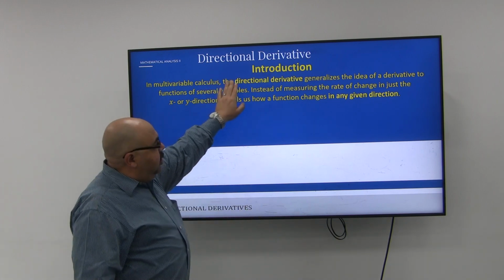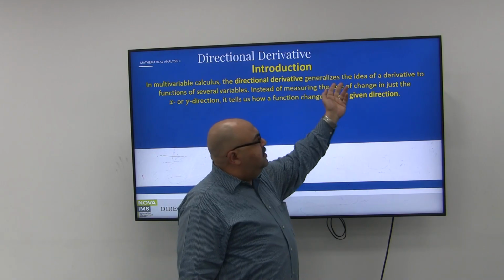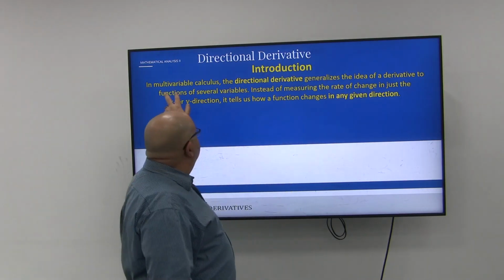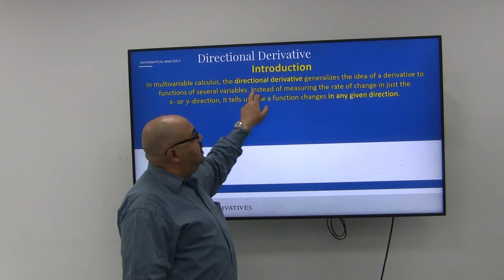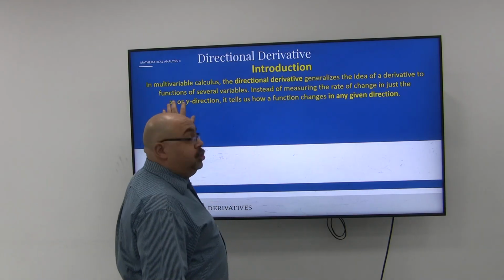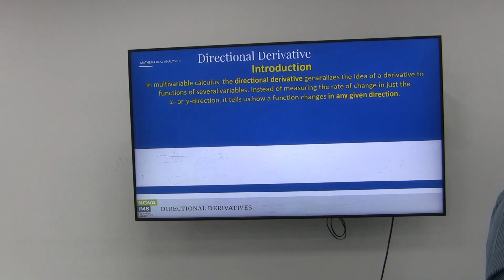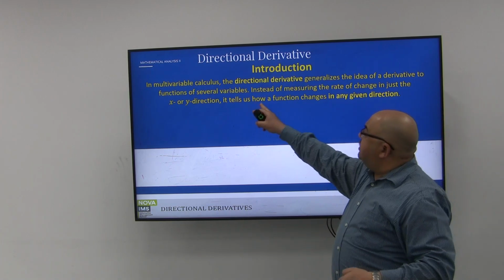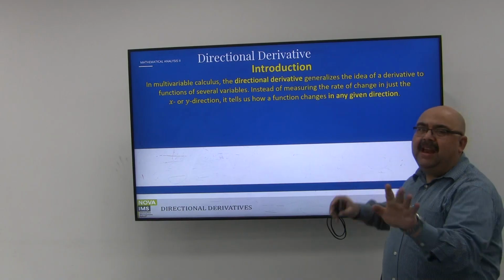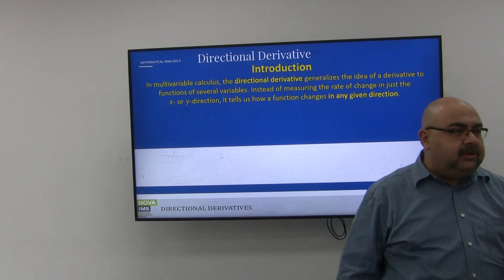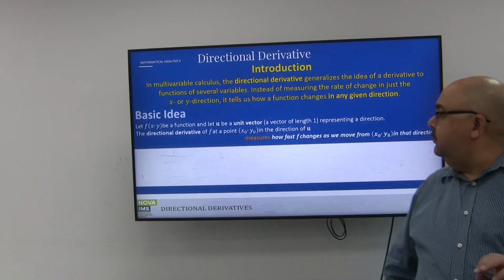The directional derivative generalizes the idea of a derivative to functions of several variables. Instead of measuring the rate of change in just the x and y directions, and you will see that the x and y directions are just special cases from the directional derivative. You will see this in the coming slides. It tells us how a function changes in any given direction. This is the importance of the directional derivative.